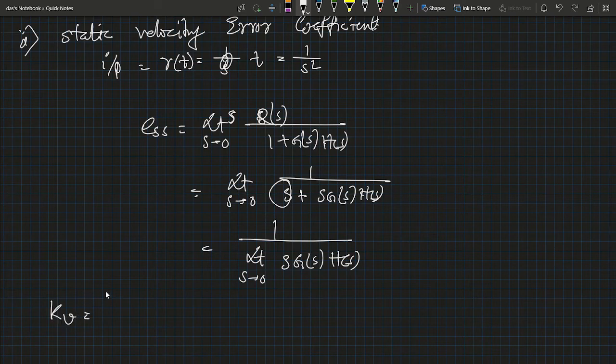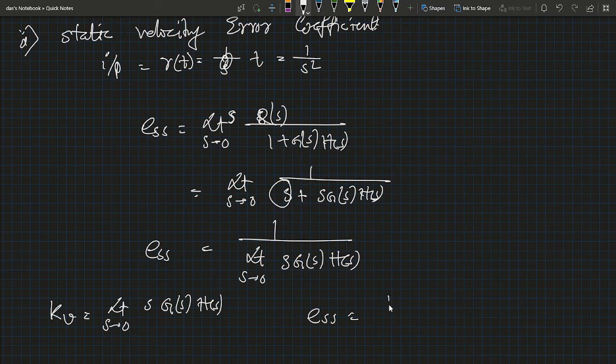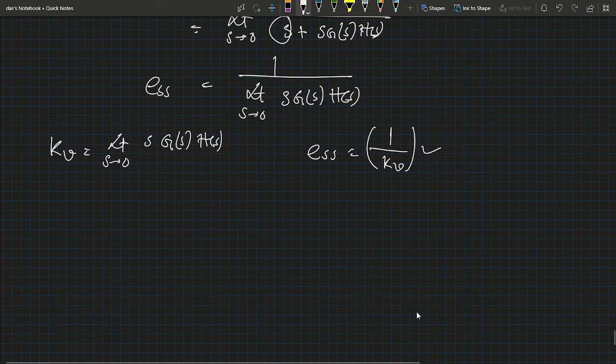This Kv is limit s tends to 0 of s into G(s) into H(s). And finally the steady state error from this expression is 1 divided by Kv only, because this is the value of Kv.